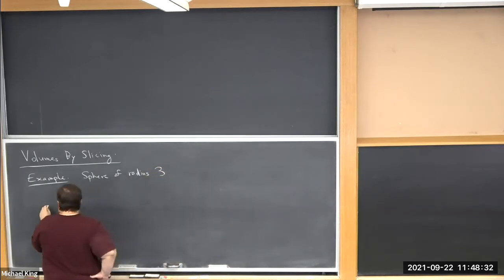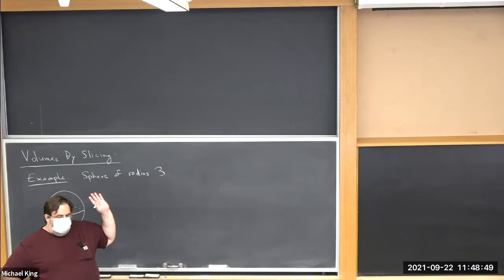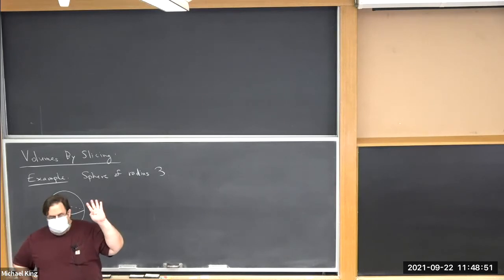Okay, so you might have already known. You all know the formula for the area of a circle of radius r. Did people know the formula for the volume of a sphere? How many people thought they knew the formula for the volume of a sphere of radius r? No one?